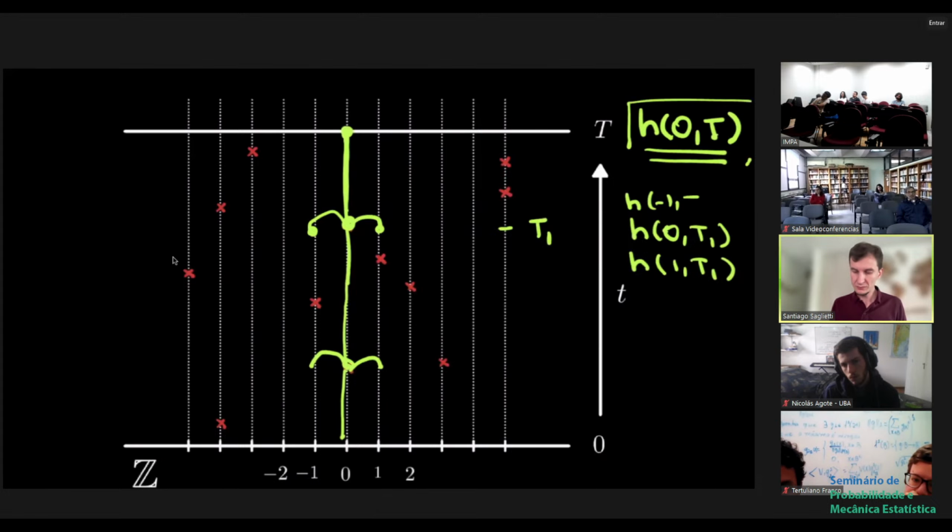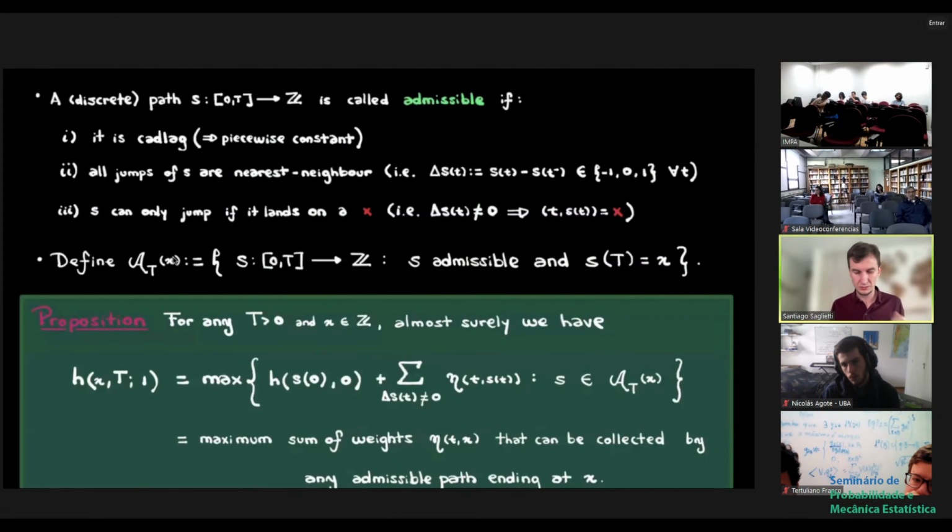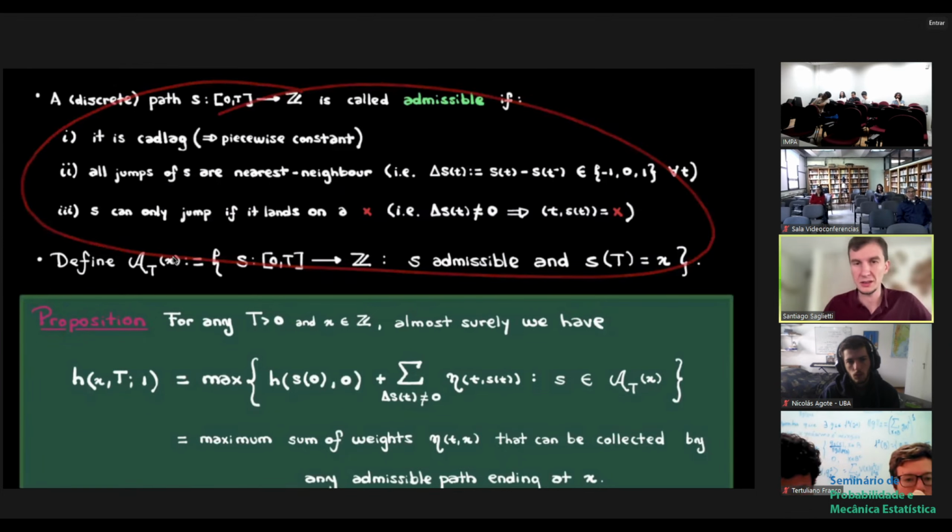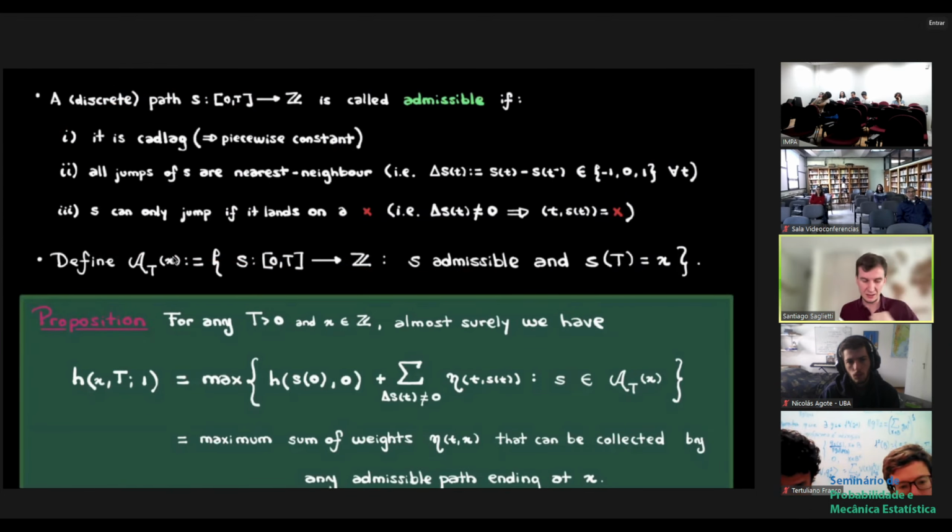And what it turns out, you can disregard this, it doesn't really matter, is that the height above 0 at time t for the model with p equals 1 is just the maximum sum of weights.